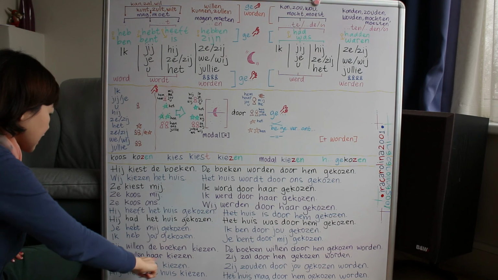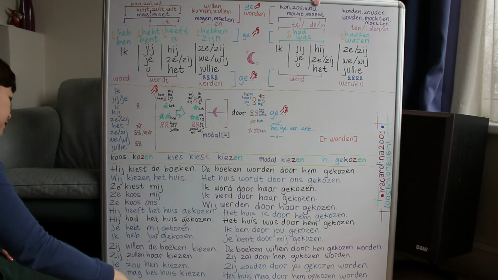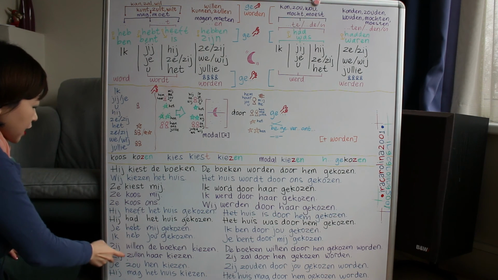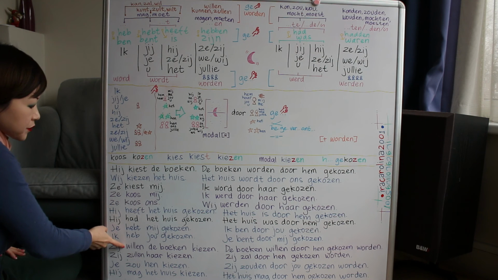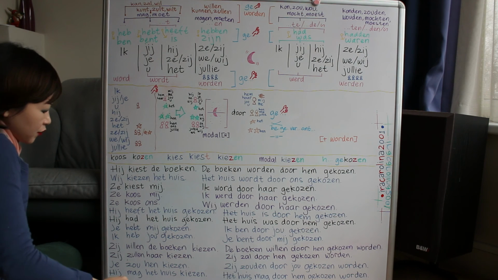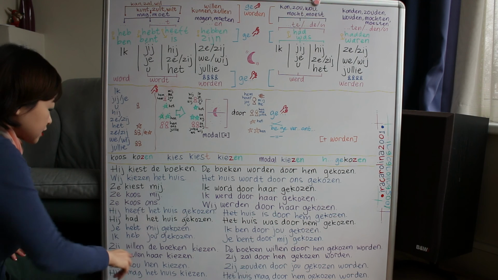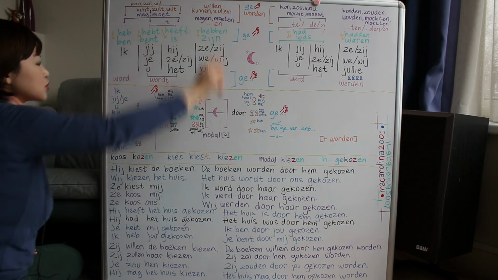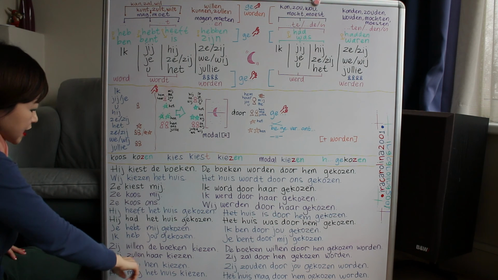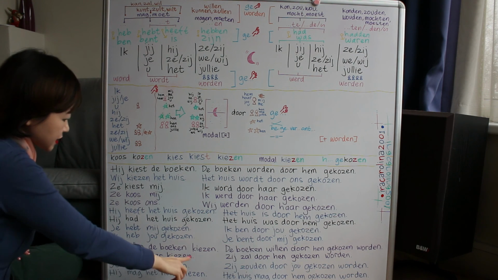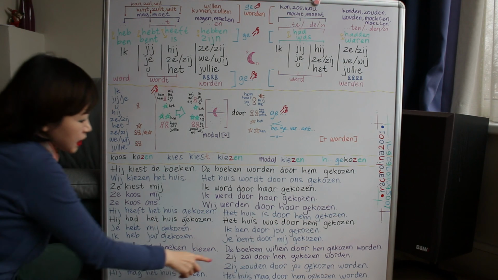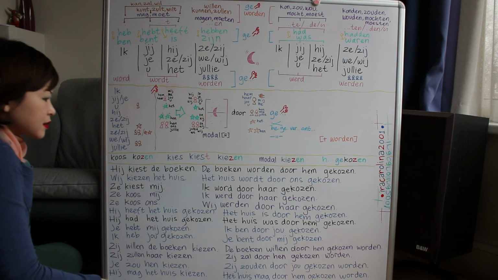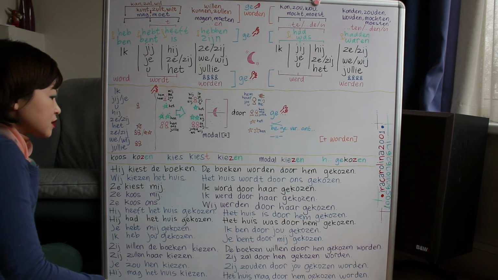Zij zullen haar kiezen. We can see here willen is not will, but it means want. If you want to say will in Dutch, it is zullen: zal, zult, zullen. Zij zullen haar kiezen. Zij zal door hen gekozen worden.